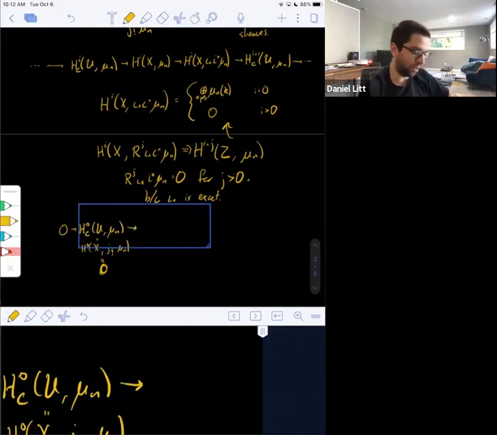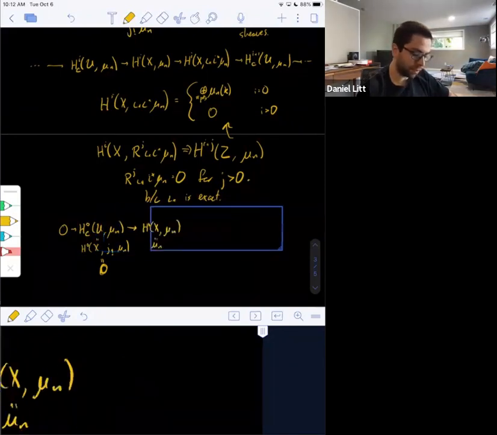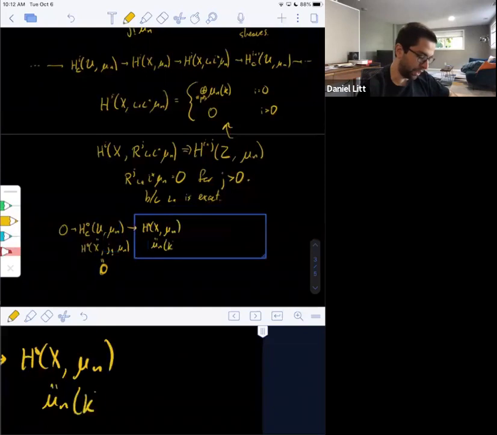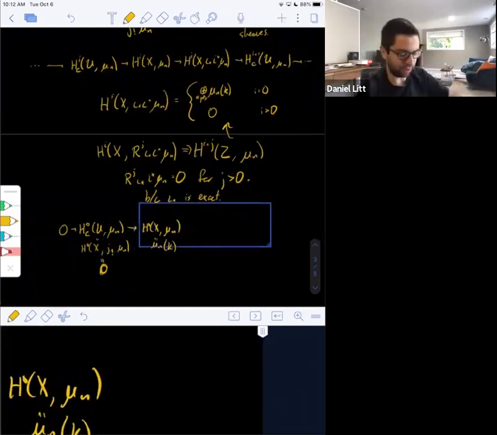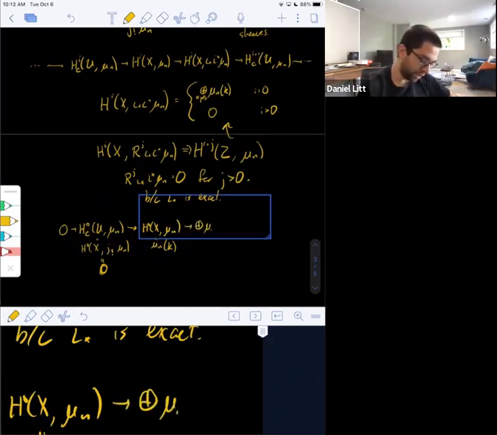And we'll also see that from the long exact sequence we're about to write down. So then we have H^0 of X, mu n. That's just mu n. Sorry, let me write it mu n of k, just so I'm not abusing notation. So that's just roots of unity. Then this maps to this direct sum of copies of mu n of k. So this is the direct sum over the number of points in the complement.